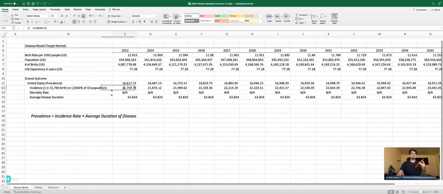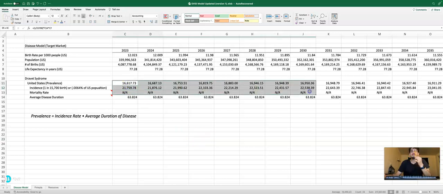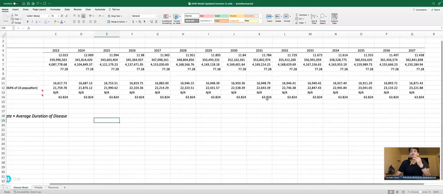So why did I get a different number? Here I got about 21,000. Here I got about 21,000, right? And then here I got about 16,000, which is a pretty significant difference, I think. And then this kind of grows.